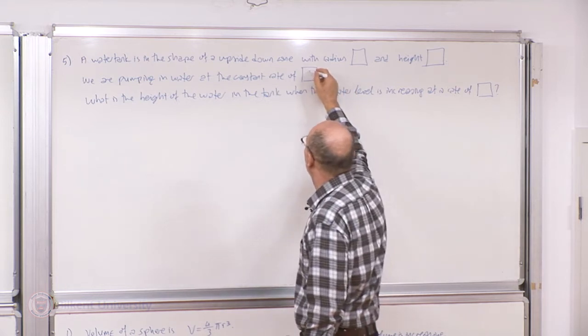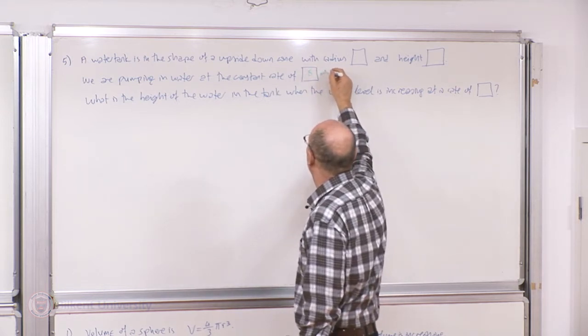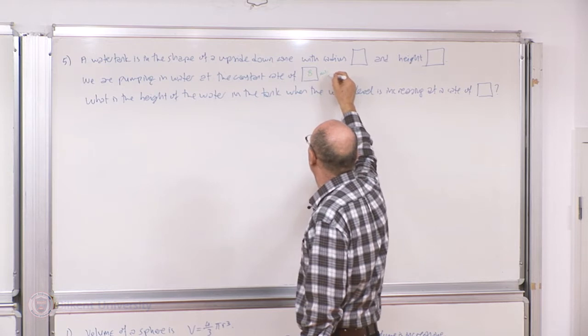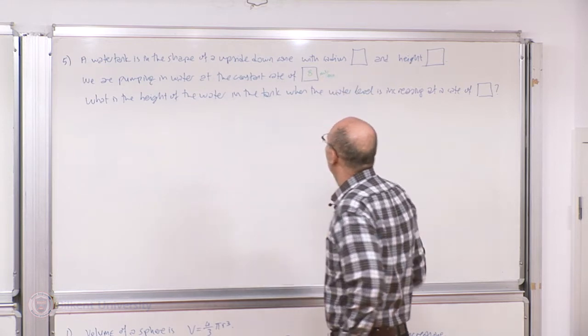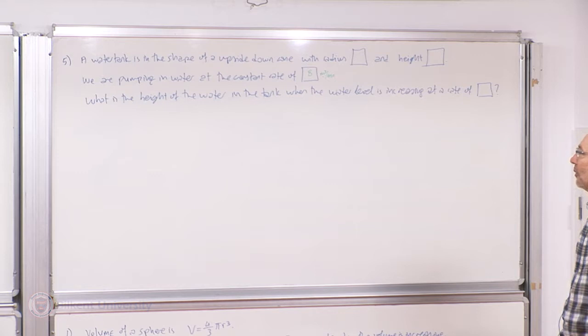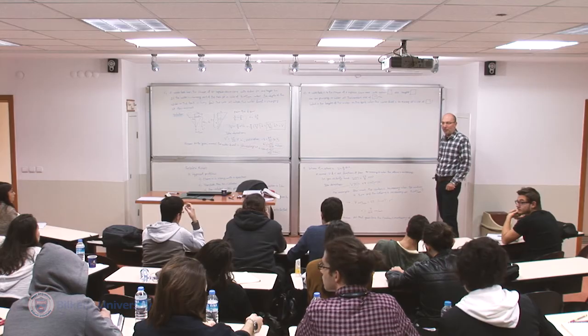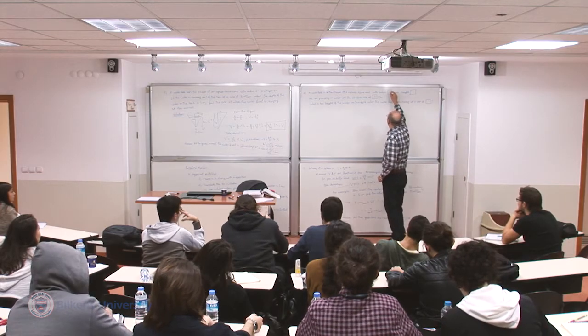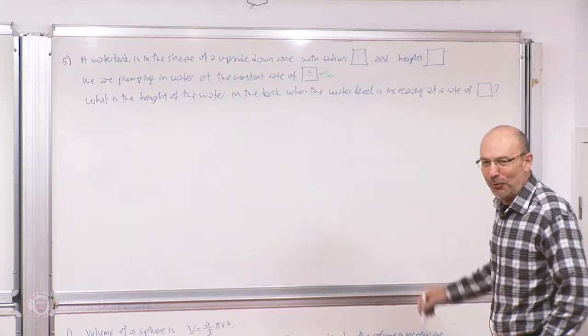Okay, 8 cubic meters per minute. Okay, give me 3 more numbers. Radius and height. Radius is 1. Height? 2.